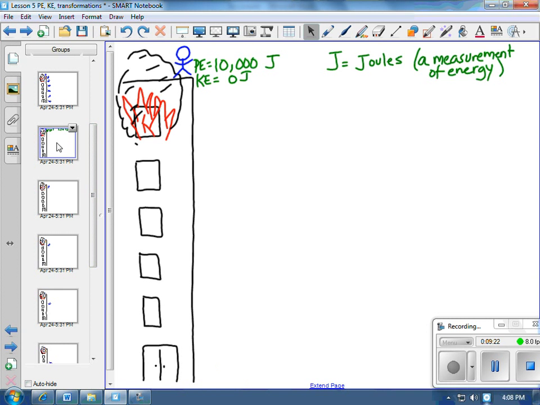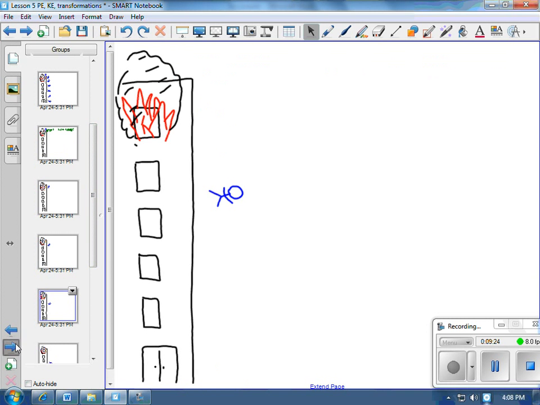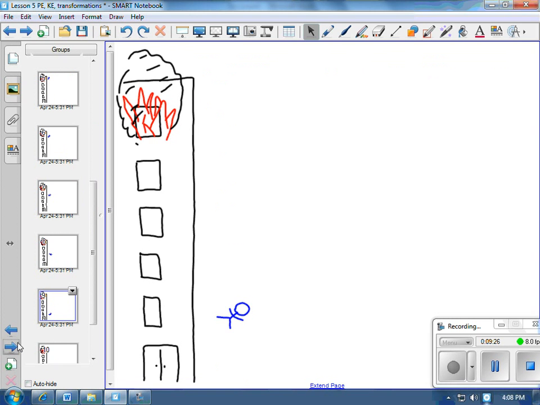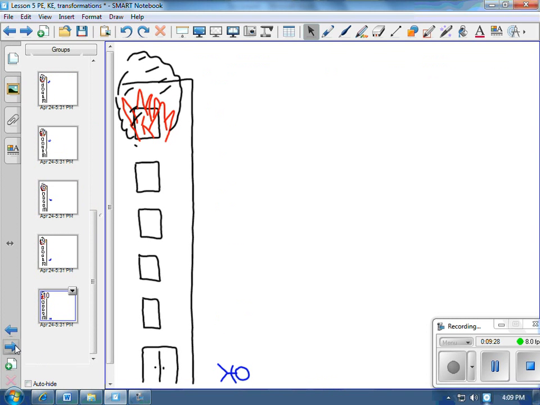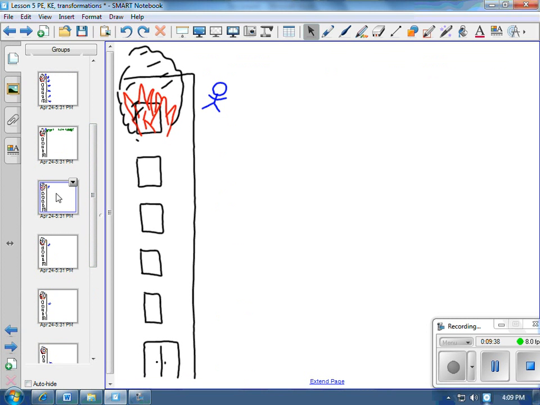Let's watch her go down. Okay. Let's get her where she's at the second step. Now she's starting to fall, and she's losing some of her potential energy because it is now being transformed into energy of motion or kinetic energy.